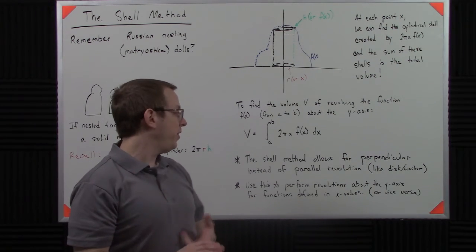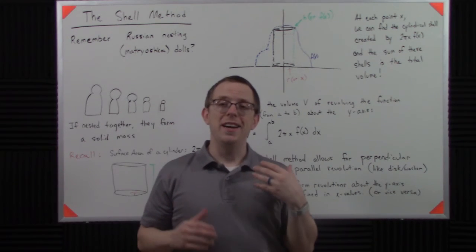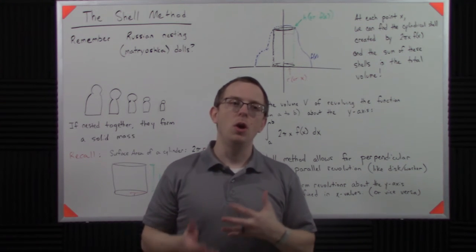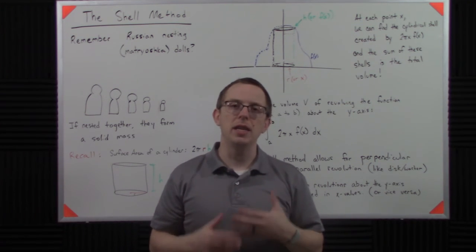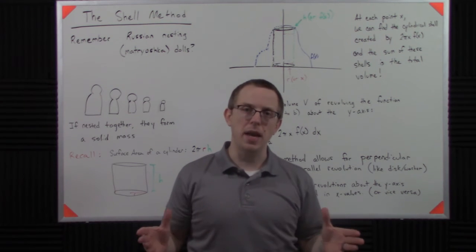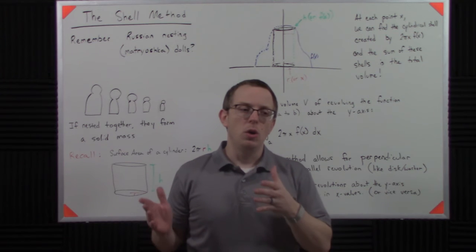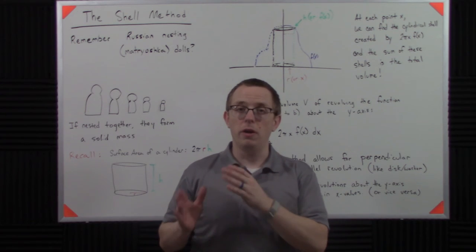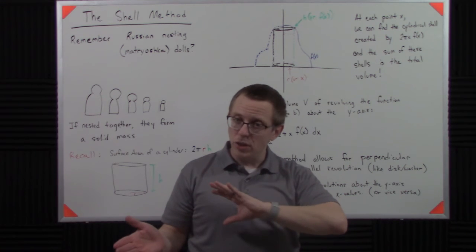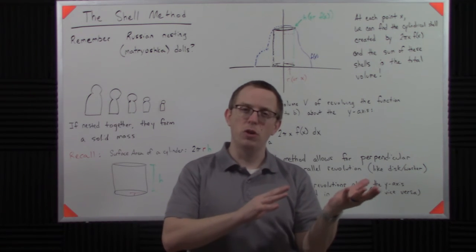The second benefit is that it gives you another tool in your kit. What you're going to find in a lot of cases is that it's really important to be well versed in many techniques, because you're going to find some functions where if you try to do it with the washer method, it's actually easier, but you have to find that inverse function.